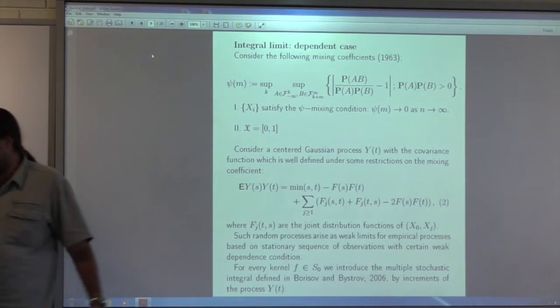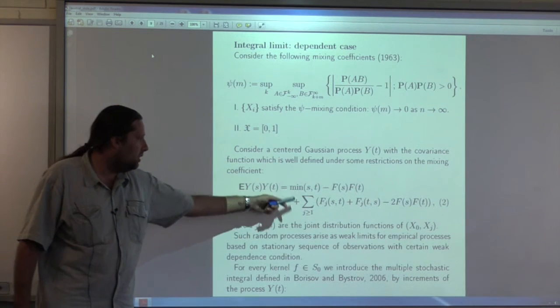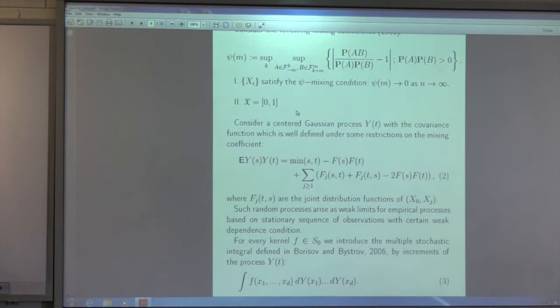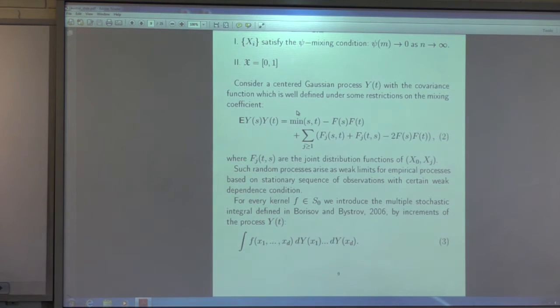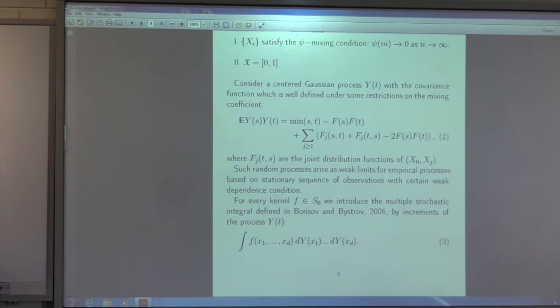It's a more complicated form. Here we can see its covariance function, where f_j are joint distribution functions of observations x_0 versus x_j. And so we can expect that the multiple stochastic integral with respect to increments of this Gaussian process must be a weak limit for the sequence of canonical V-statistics, for example, in the mixing case.